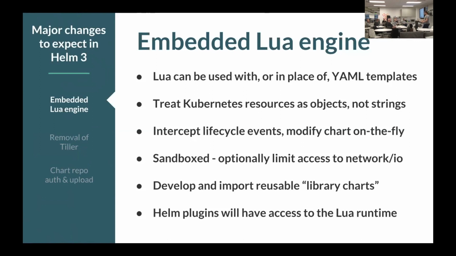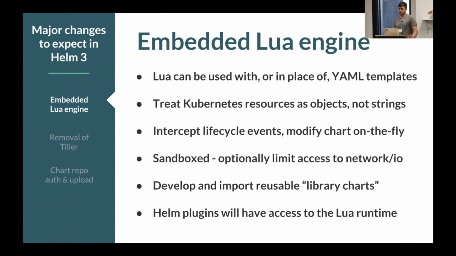One thing to note is that they're going to introduce this embedded Lua, but it's not going to replace Helm as we know it today. So charts that are in the community repo that you rely on today, you could still use with Helm 3, no problem. Lua is going to be kind of a way to extend the way that you write charts. So you can use it with the templates or completely in place of the templates.